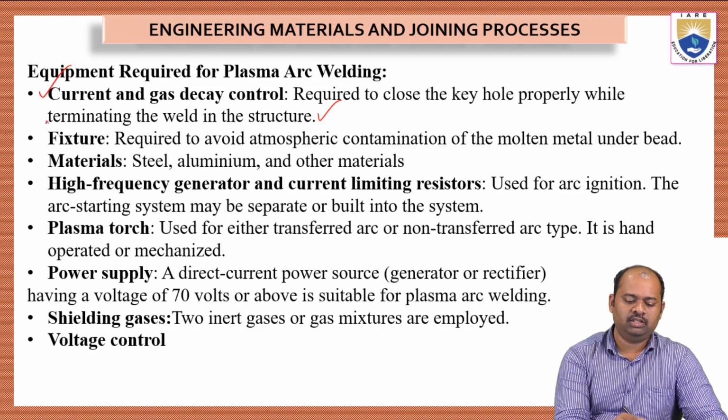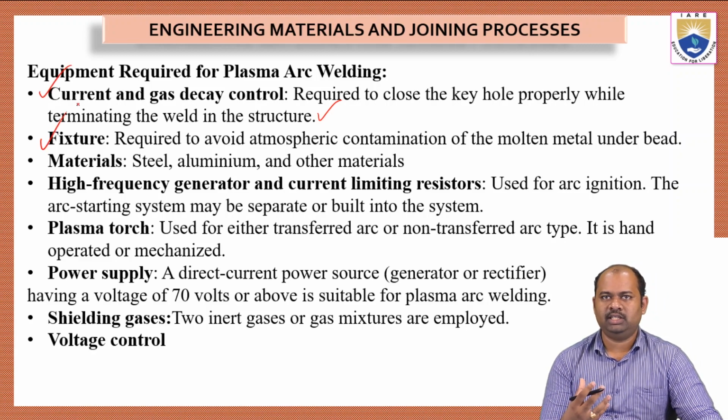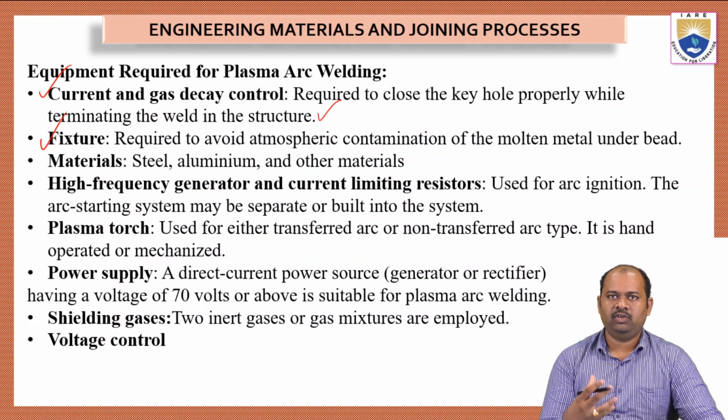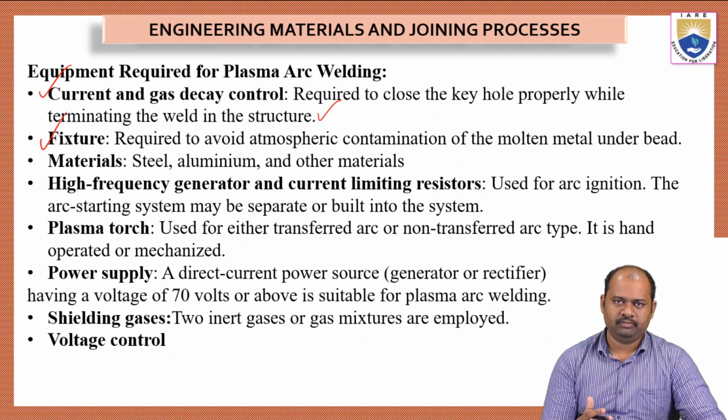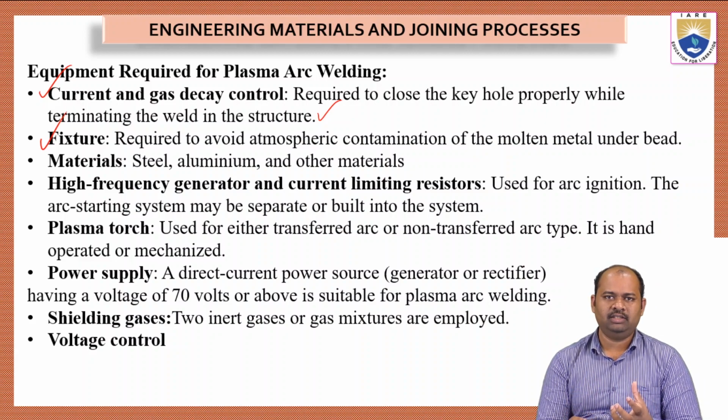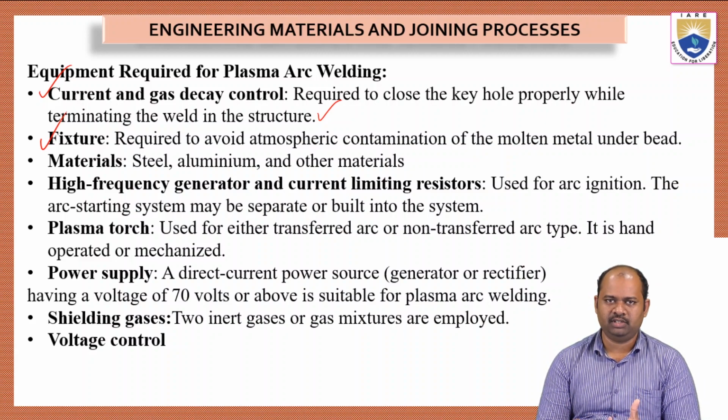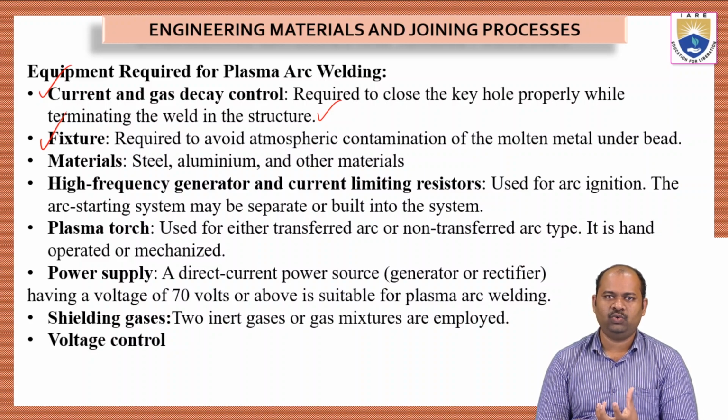And then second one is fixture. Fixture is a device required to avoid atmospheric contamination of the molten metal underbead. It is a holding device on which we can place the workpiece, and it has to be strong enough to hold the workpiece and avoid atmospheric contamination of the workpiece also.